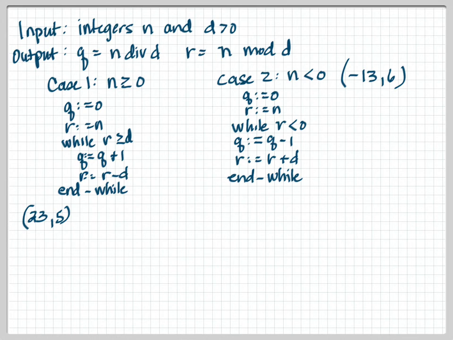We're going to start with the first one, and we'll say that 23 is n and the divisor is 5. If I follow through this algorithm, q starts out at 0, and r starts out as n, which is 23. So I get the values from there. Right now I just executed this step and the step up here.